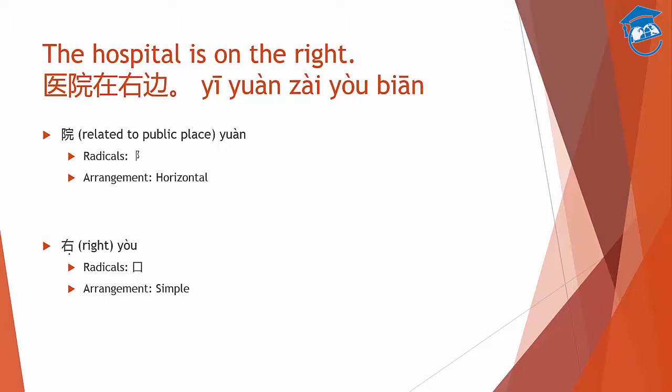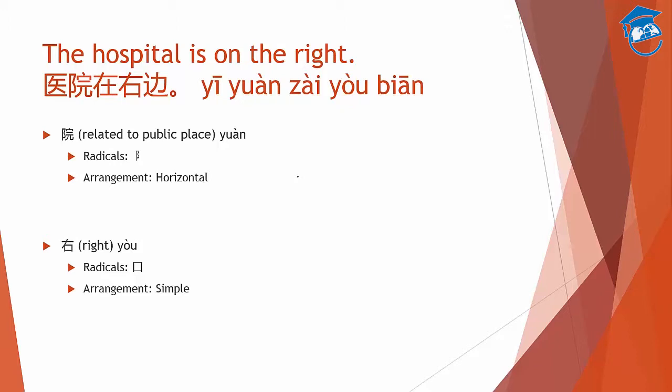And 右 is right. This is not the meaning of right as in right or wrong. It is just the opposite of left. We have another word to say right as correct. This is the pinyin and the radical is what's on the bottom right here. The arrangement is simple. It looks very similar to left.